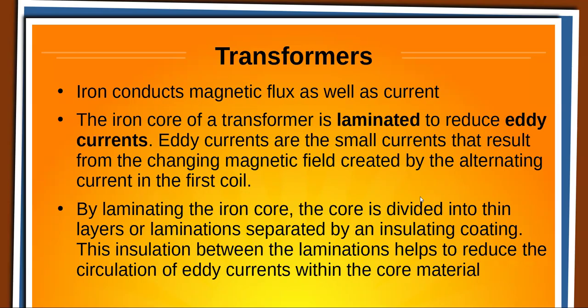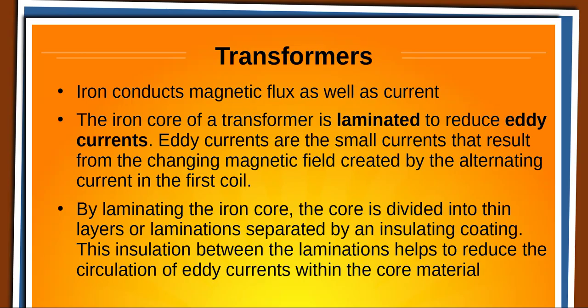And it's built up of laminations, there's some sort of a coating on those laminations, so it's actually an insulator. So you've got all these separate little fairly thin pieces that make up that core. And that's to reduce the eddy current.